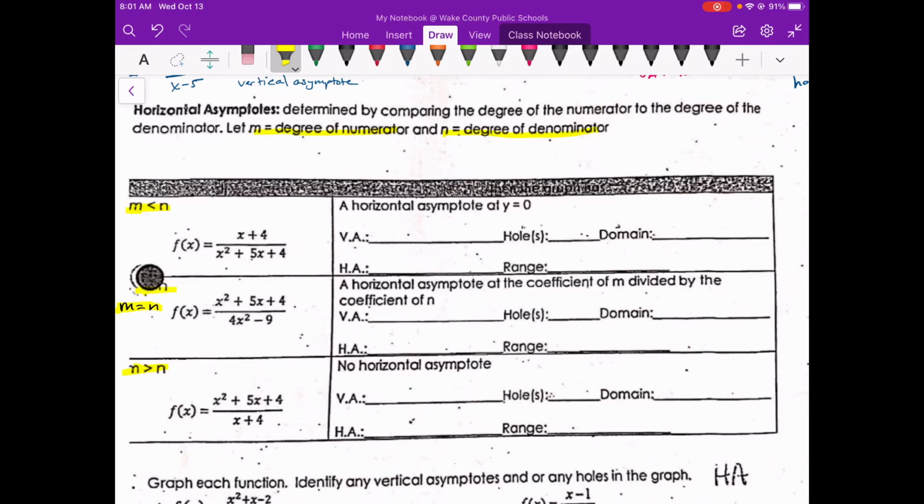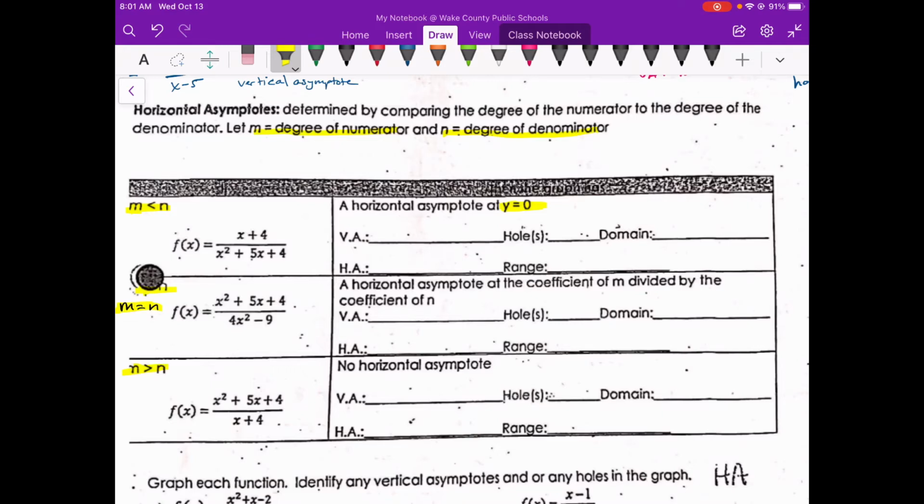The degree on the top is smaller than the degree on the bottom, then it's an every single time horizontal asymptote of y equals 0. So regardless of what cancels out, regardless if we have asymptotes or holes, if the degree of the numerator is less than the degree of the denominator, we have a horizontal asymptote at y equals 0.